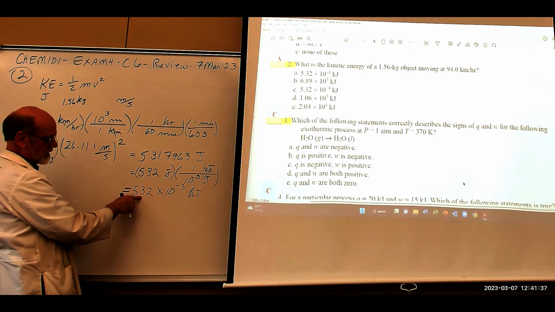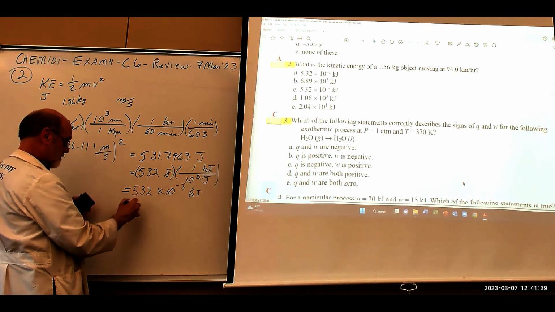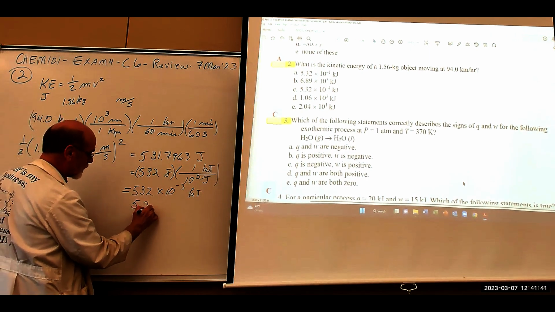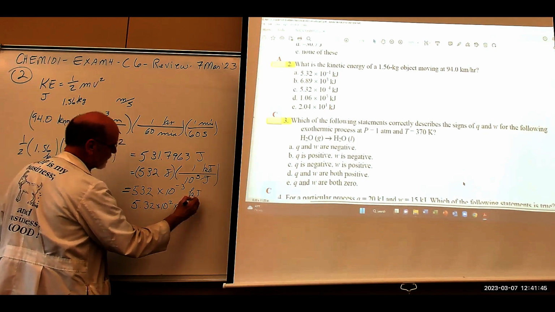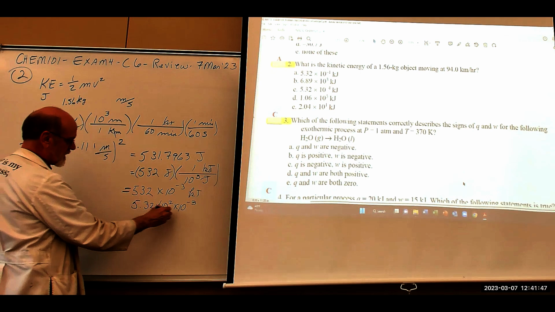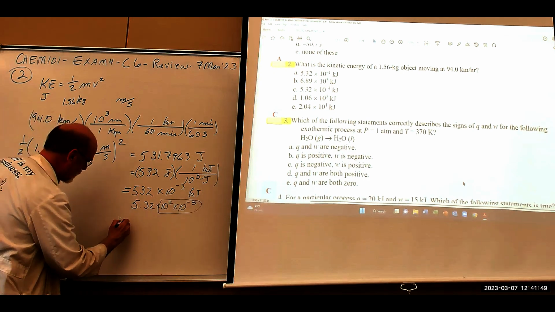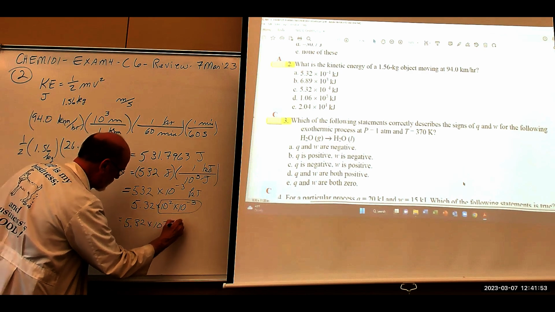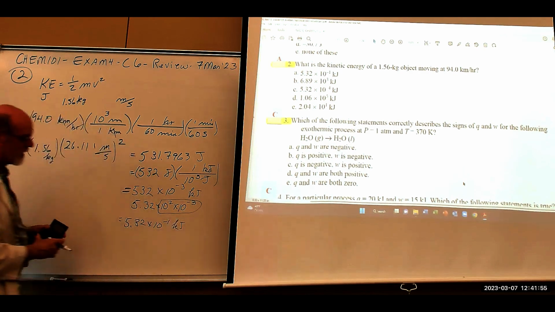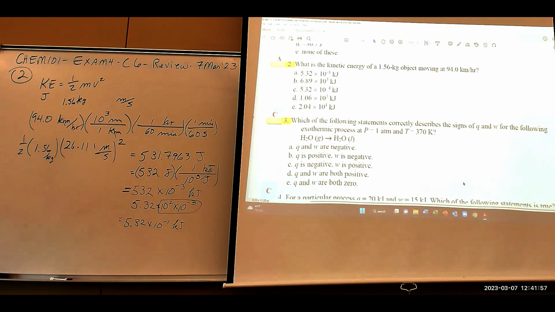That's 5.32 times 10 squared times 10 to the minus 3. Together that equals the minus 1. So 5.32 times 10 to the minus 1 kilojoules. There you go.